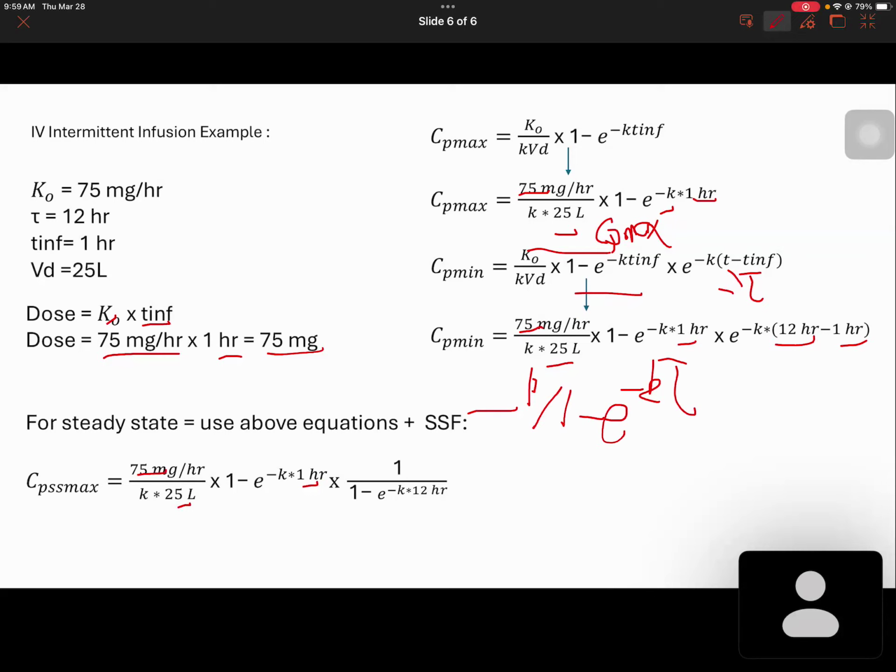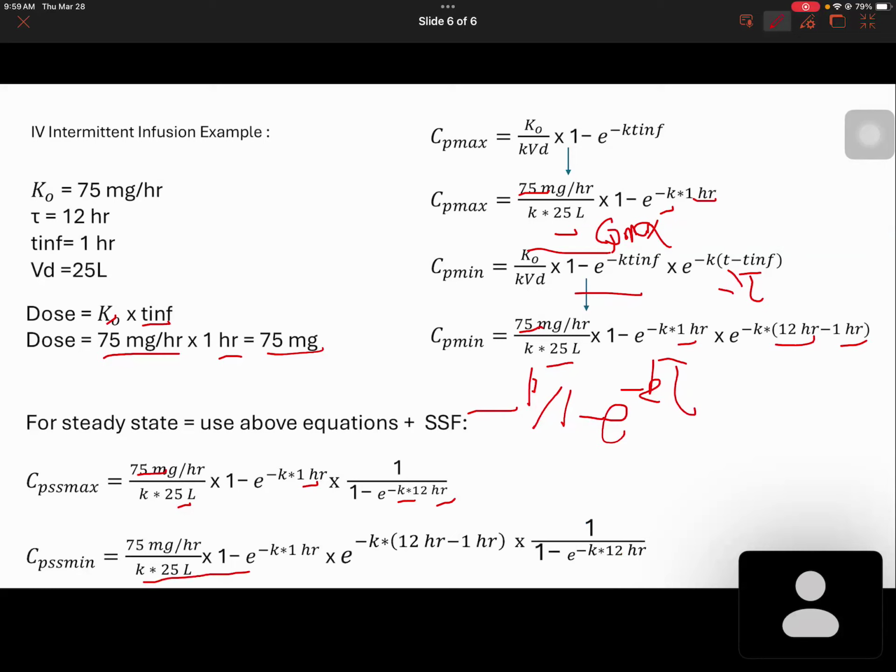And our steady state factor should be 1 over 1 minus E to the negative K times our tau, 12 hours. And CP min, again, our CP max part here, our E to the negative K tau minus T infusion, over the 1 over 1 minus E to the negative K times tau. And that's the biggest key here.